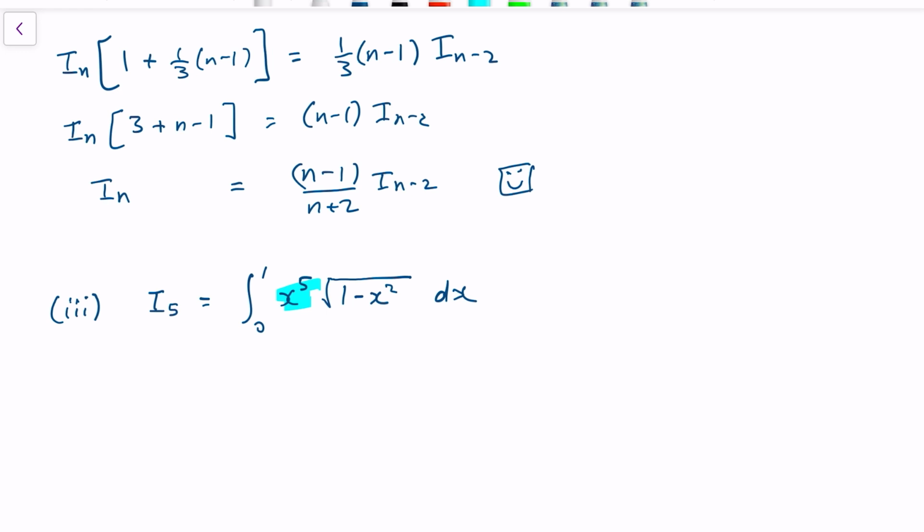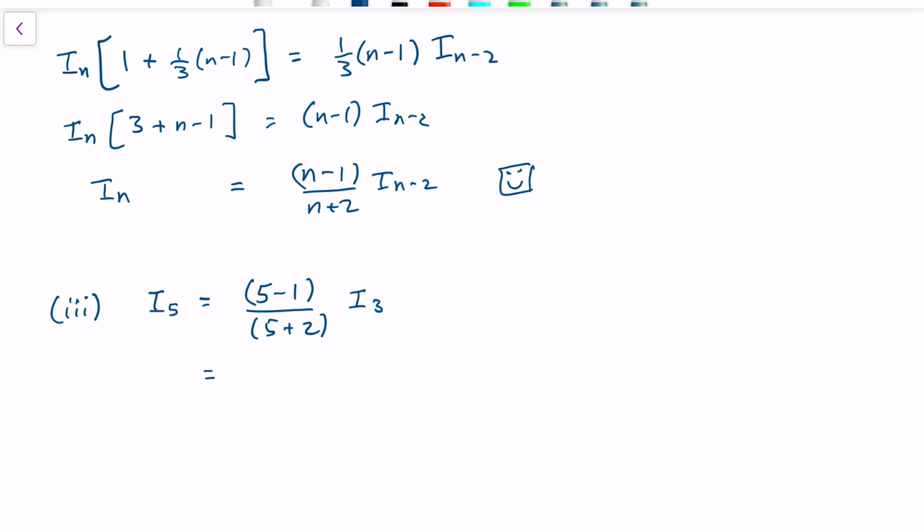Now that's pretty evil, but we've got this new iterative formula now. I5 is just 5 minus 1 over 5 plus 2 times I3. Okay, so what does that equal? 4 over 6, or 2/3.